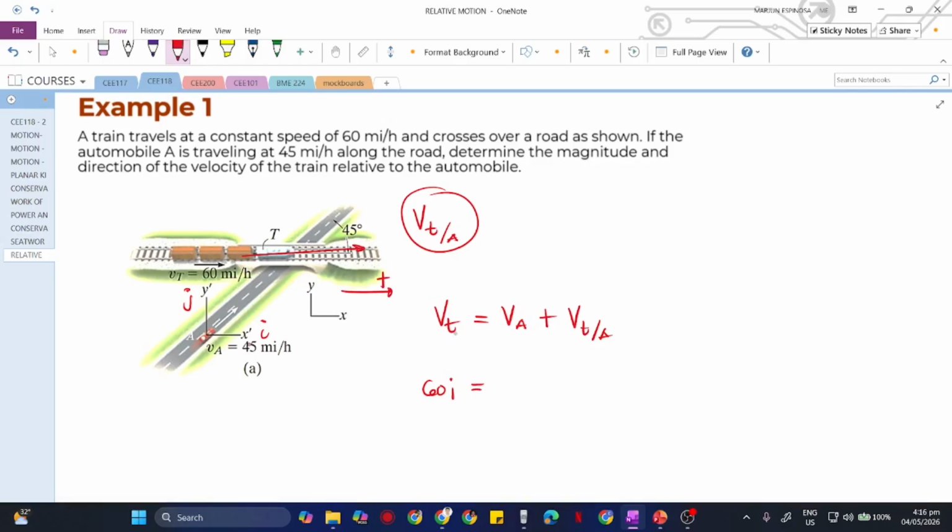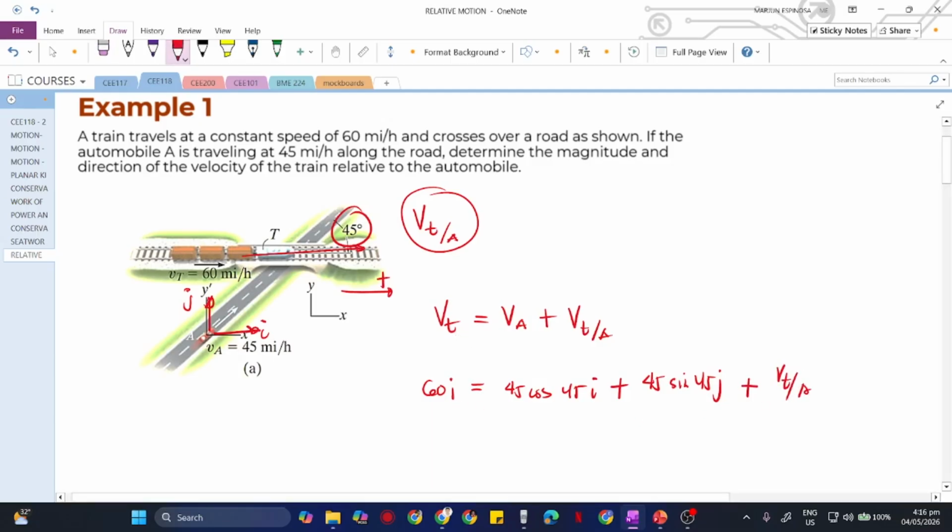So we have two components. For the automobile, we have 45, and as you can see the angle is 45, so that is 45 cosine 45 i, positive here, no? And then plus 45 sine 45 j. And that is equivalent, plus still, to the velocity of the train with respect to A.